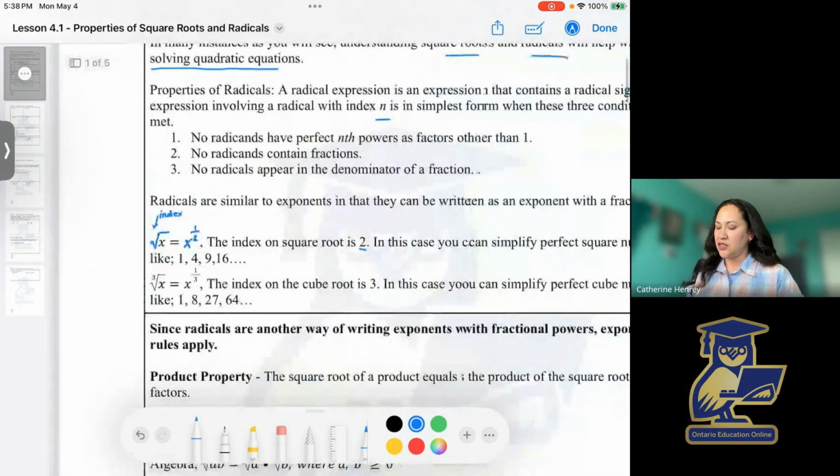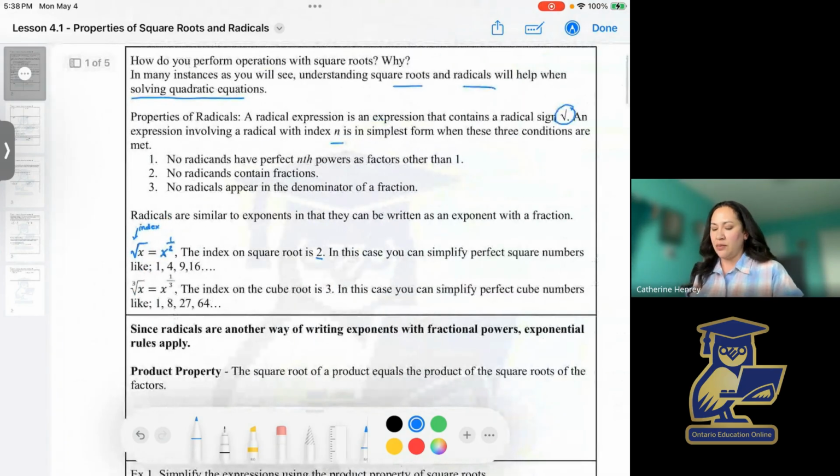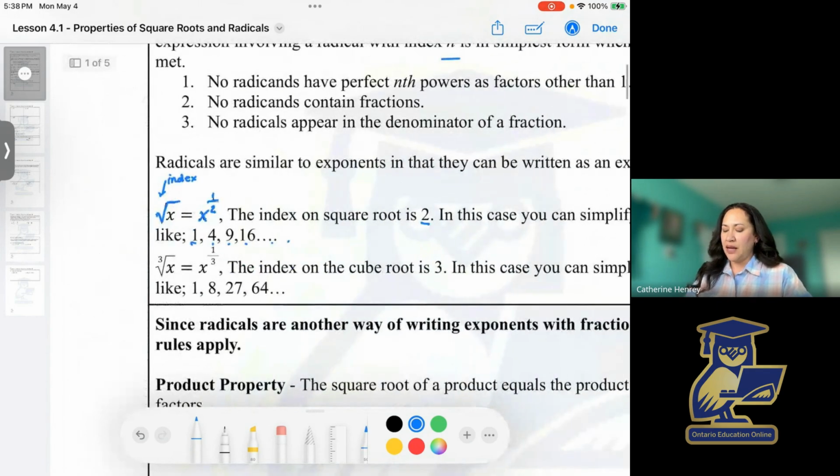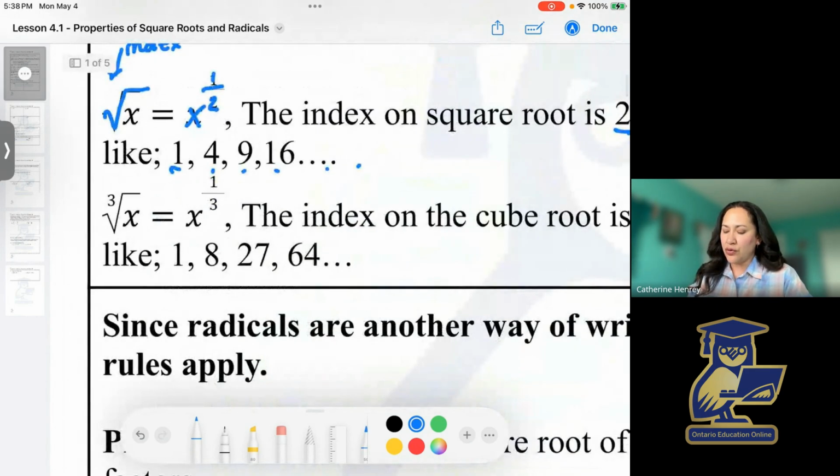In this case, you can simplify perfect square numbers. Perfect square numbers like 1, 4, 9, 16, and then 5 squared is 25, 6 squared is 36. So it's a really good idea to have an idea of the first few perfect square numbers when we're dealing with square roots. Another example we have is the third root of x, and here the index is 3.